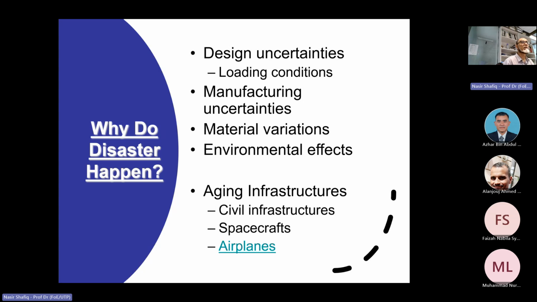Why do disasters happen? Because of design uncertainties, loading conditions, particularly random loading, wind, earthquake. In that, a lot of uncertainties are involved: manufacturing uncertainties, fabrication process, analysis process, right?